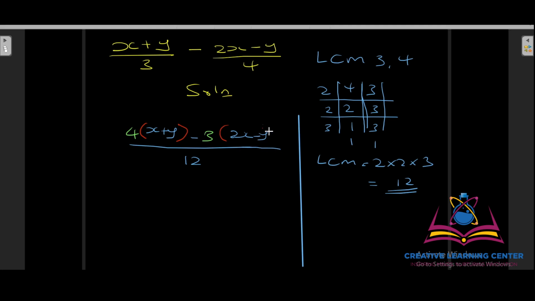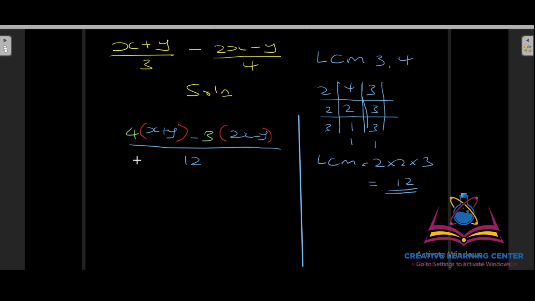Next, I have to open my brackets. How I open my brackets, I take the number in front of the brackets, and that number has to multiply each and everything inside the bracket. Here my number in front of the bracket is −3. This −3 has to multiply everything inside the bracket.